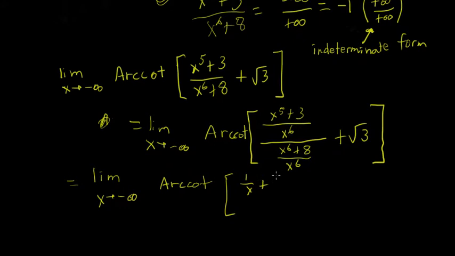Divide 3 by x to the 6th, we get 3 over x to the 6th. Denominator, x to the 6th over x to the 6th is 1. We have a plus 8 over x to the power of 6. And then plus the square root of 3.